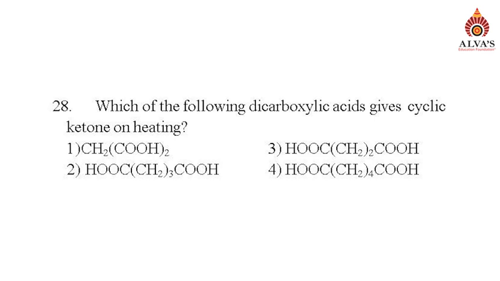Which of the following dicarboxylic acids give cyclic ketone on heating? Now, for cyclic ketone, options given to us are propane dioic acid, pentane dioic acid, butane dioic acid, and hexane dioic acid.